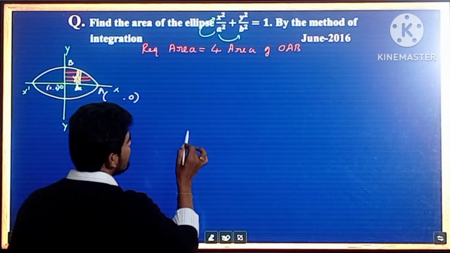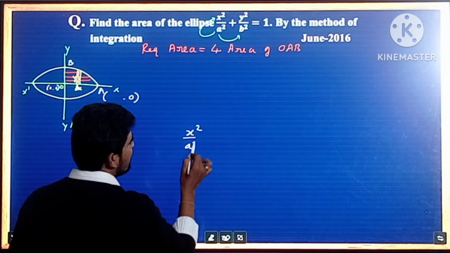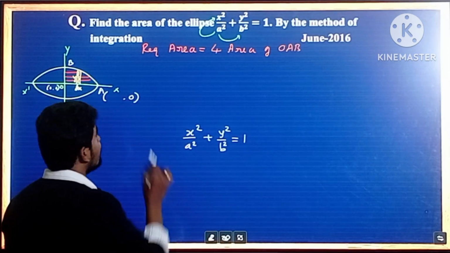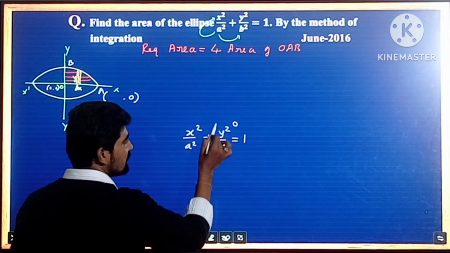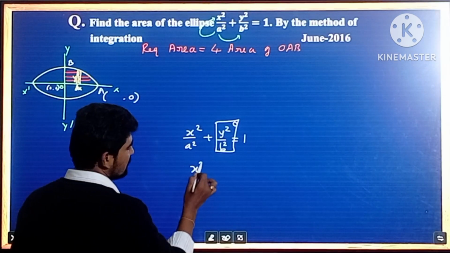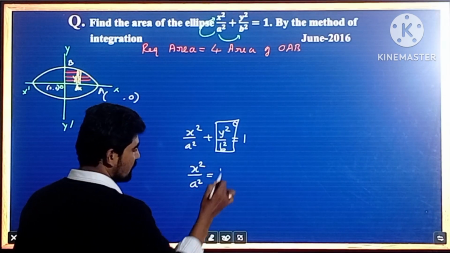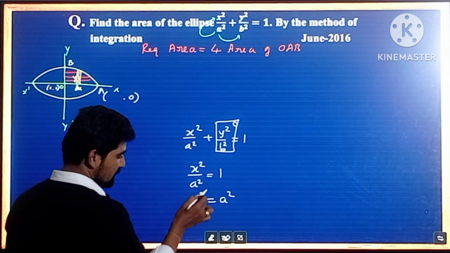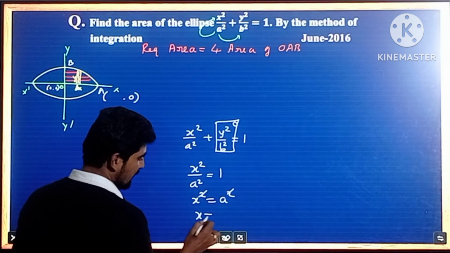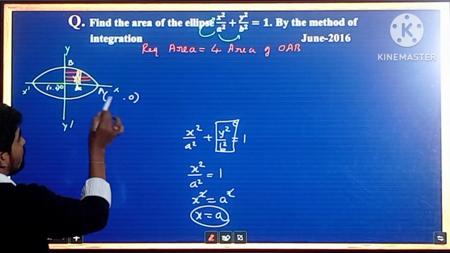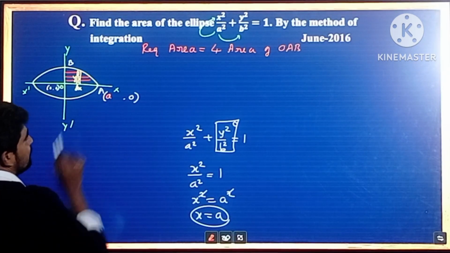Here the equation of ellipse is x square by a square plus y square by b square equals to 1. By substituting y equals to 0, this entire second term is equals to 0. So we got x square by a square is equals to 1. By cross multiplying, x square is equals to a square. So square get cancelled. So we got x is equals to a. Therefore, x coordinate of the point A is a.